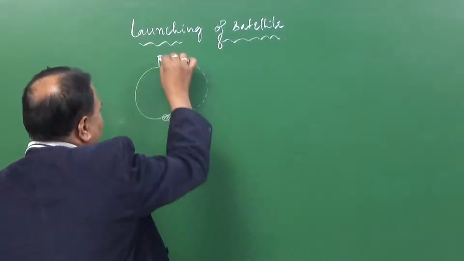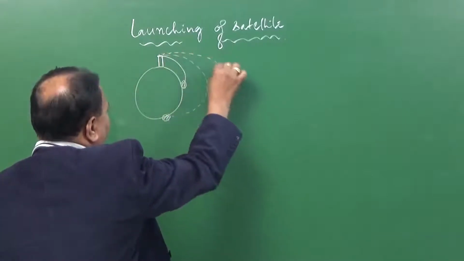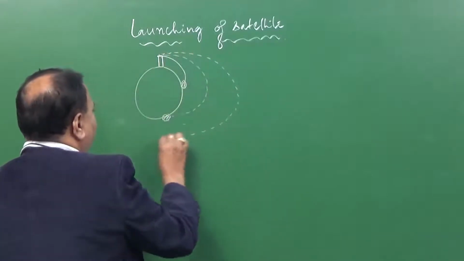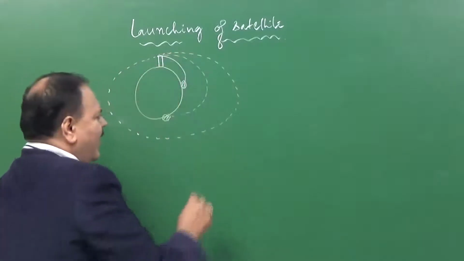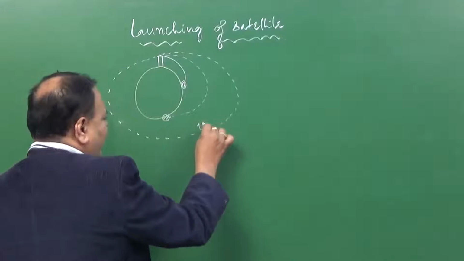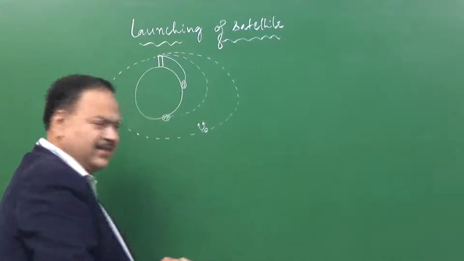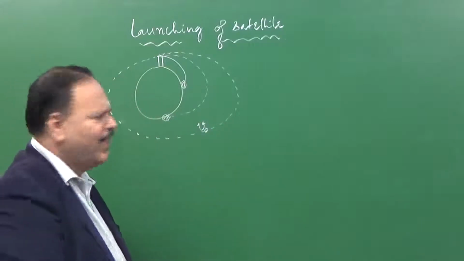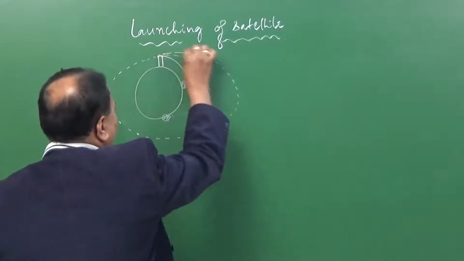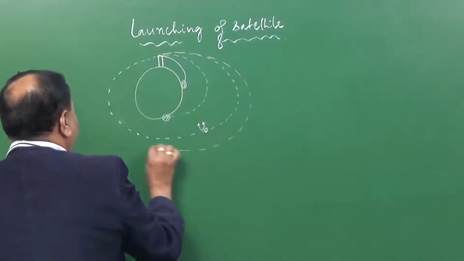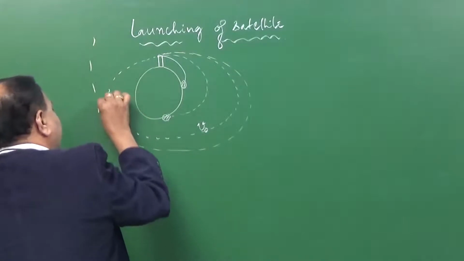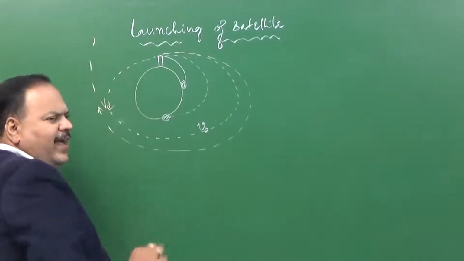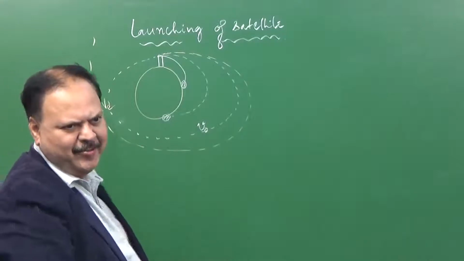If you throw the stone with greater velocity, then it starts revolving around the Earth, and that velocity we call the orbital velocity. If you throw it with a still higher velocity, it will escape from Earth's gravitational pull, and that velocity we call the escape velocity.